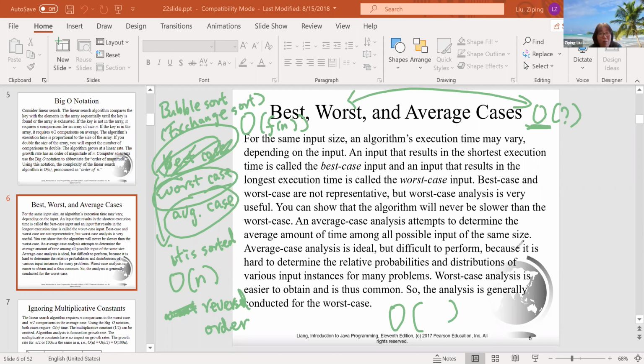But that's not true for quicksort. Quicksort's average case is n log 2n. The worst case is n quadratic. In that case, generally we say quicksort is faster.